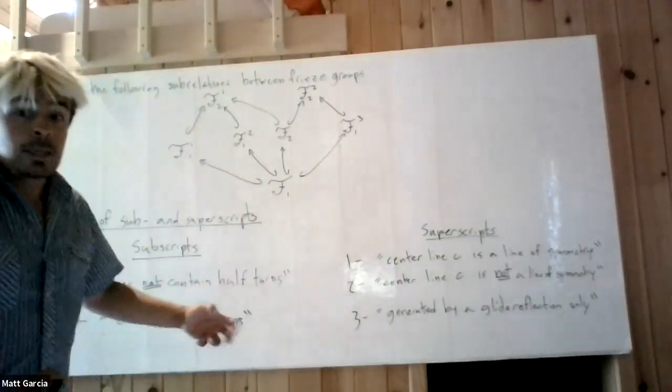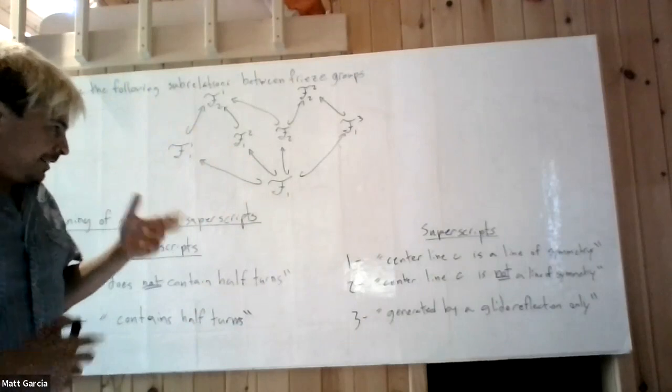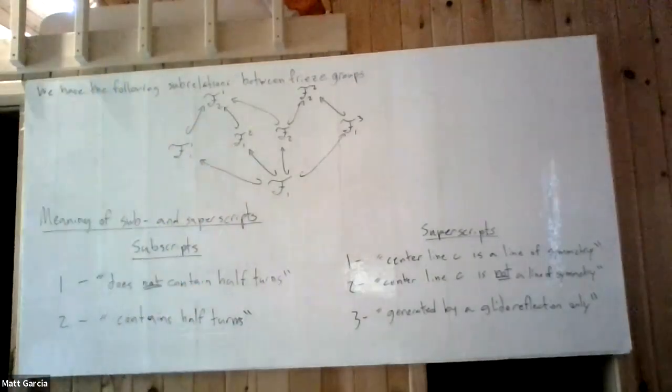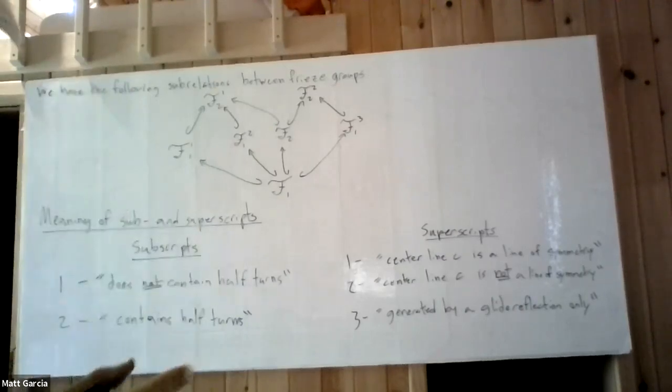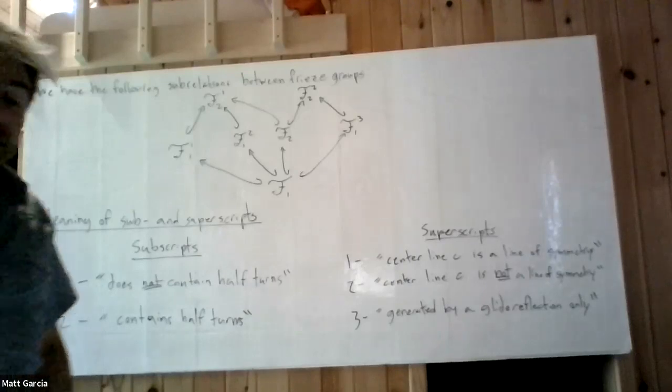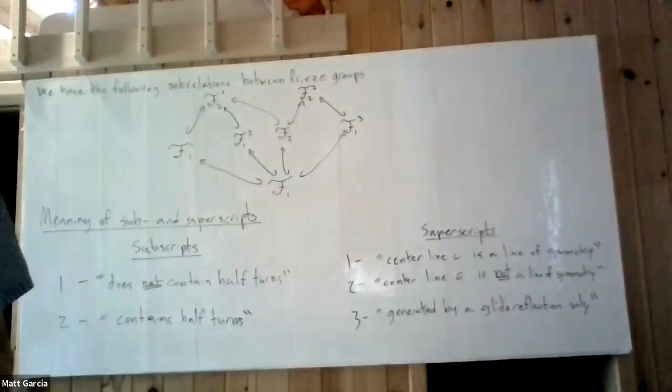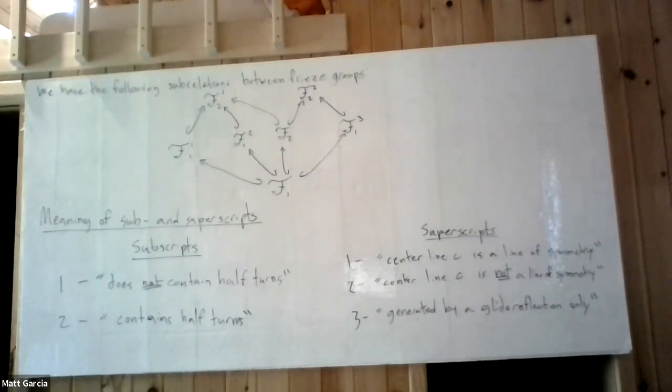That is to say, I'm saying that there is a generator that fixes line C that is not a reflection. But you're right, they are related.